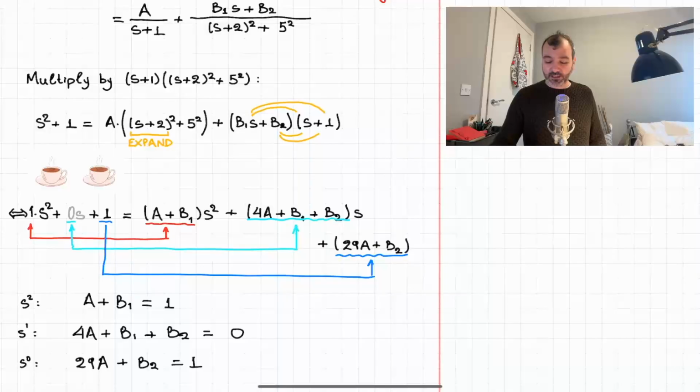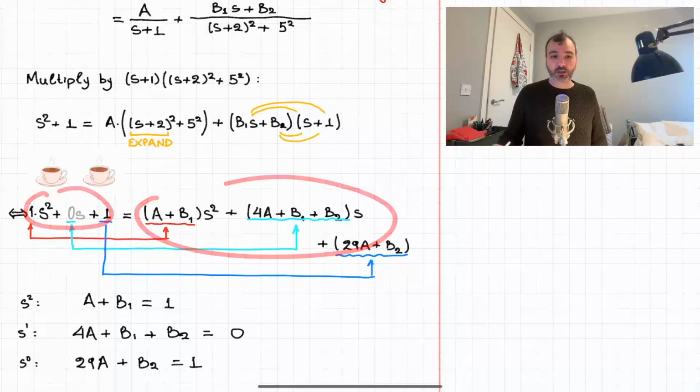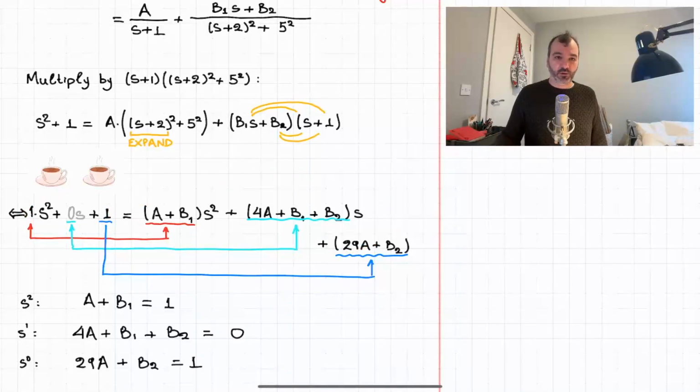And on the left hand side we have s squared plus 1, which I've written down as 1s squared plus 0s plus 1. And now this is an equality of polynomials. Polynomial equals polynomial, which means once again that the corresponding coefficients are equal to one another. So the coefficients of s squared are equal, the coefficients of s are equal to one another, and so on and so forth.